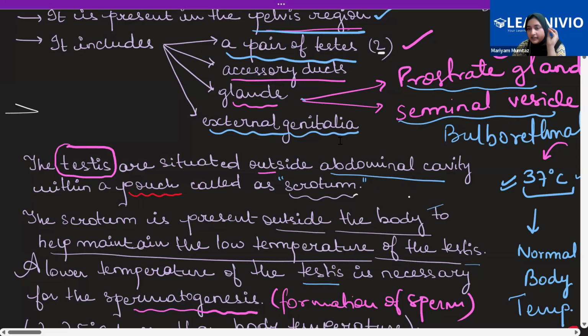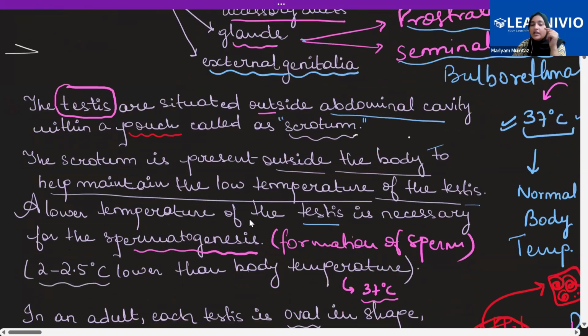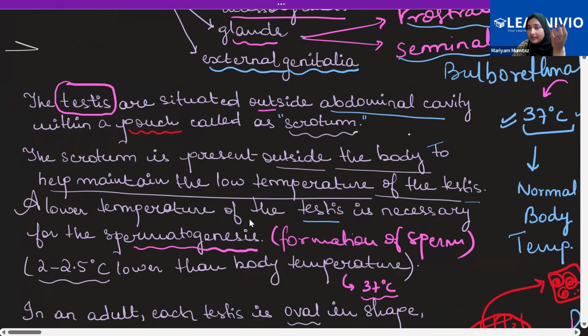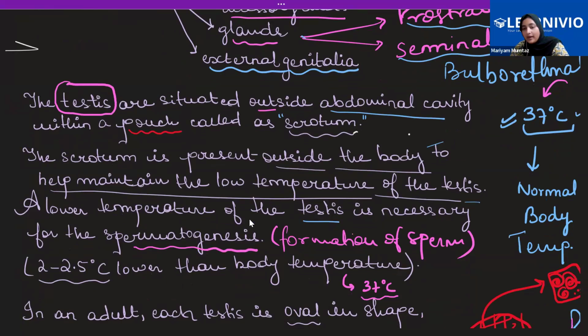Now, for the formation of male gametes, a 2 to 3 degree lower temperature is required as compared to the body temperature. So how would that be possible inside the body? That is why the testes are situated outside the body, to help maintain the low temperature.